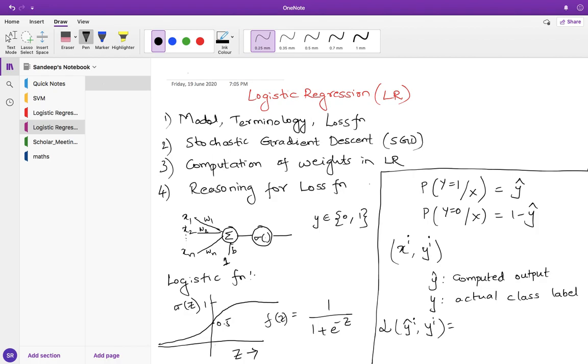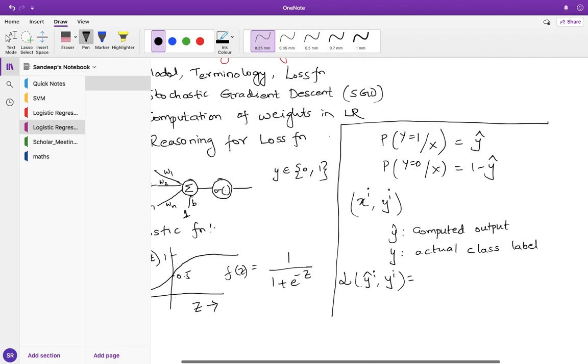Usually we use a loss function called mean squared error, which is the difference between the computed value and the actual value, squared, and then the mean of it. But in logistic regression we use a different type of loss function, which I would write here.